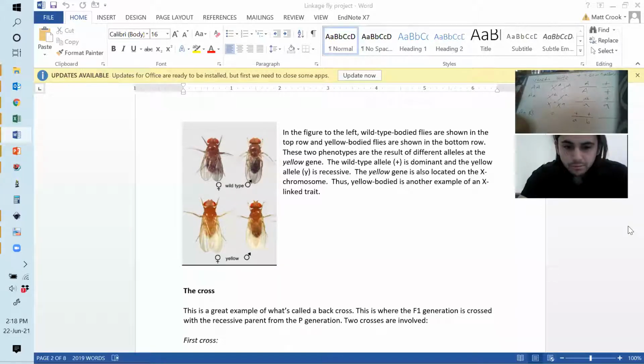Essentially, this is a locus. That's the position on a chromosome which contains a gene which controls a trait. Back to some earlier terminology.